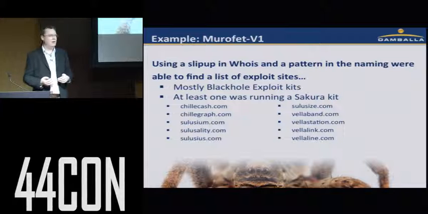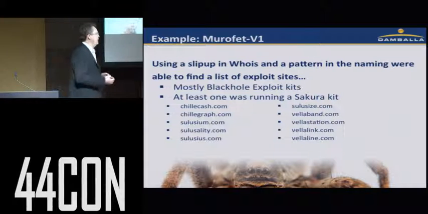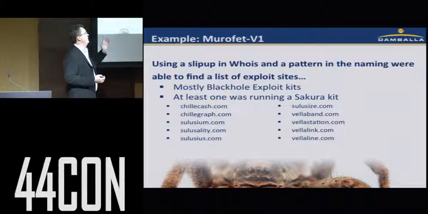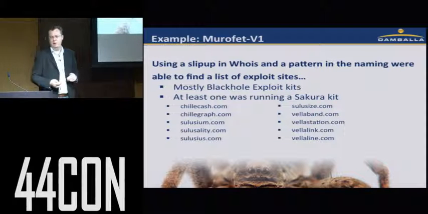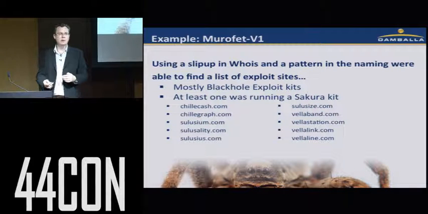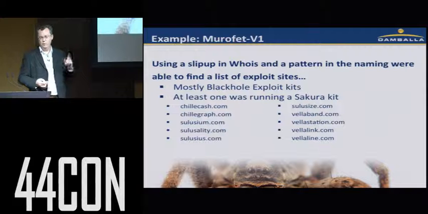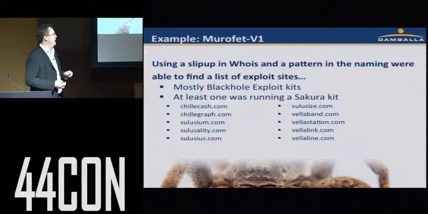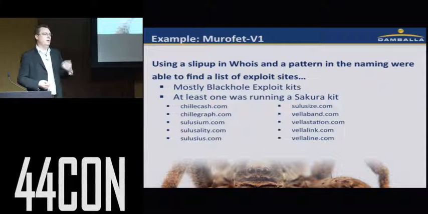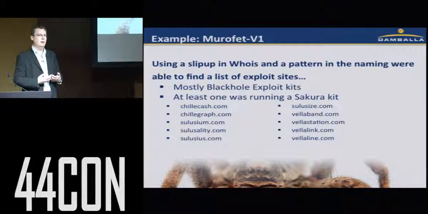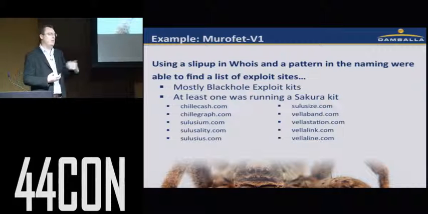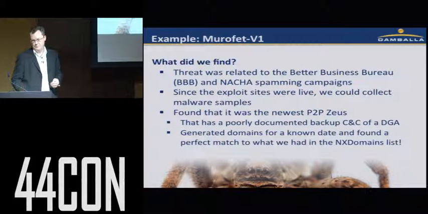Tracing back from those domain names and the whois registrations, we found their other exploit packs. They were running Black Hole on their drive-by download sites, and one was also running the Sakura kit. Their structure for their drive-by download domain names became a feature for identifying other drive-by campaigns that they were running at that time.